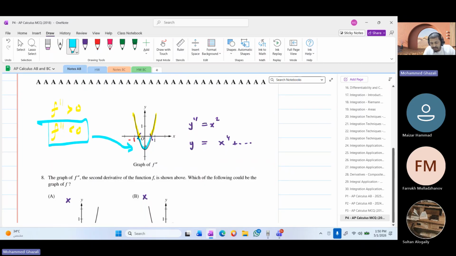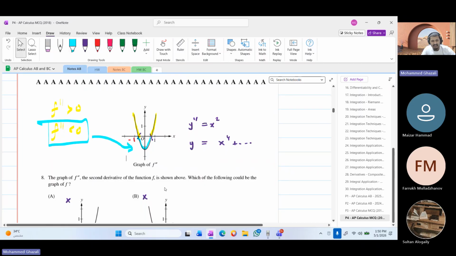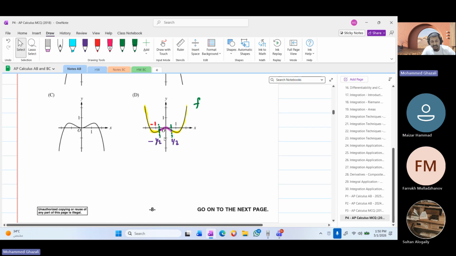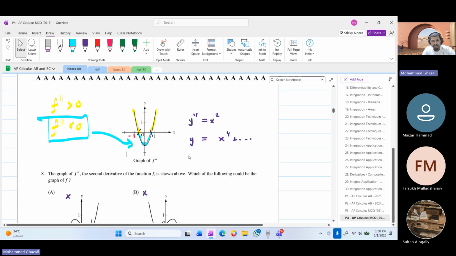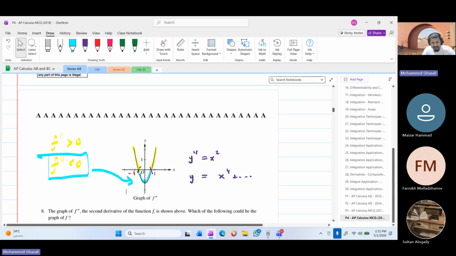So it conforms to what we have just discussed in part D. Less than -half, this graph is happy, right? Between -half and half, the graph is sad, and then after half, the graph is happy. So let's see if between -half and half the graph is below the x-axis for the double derivative. Yes, it is.